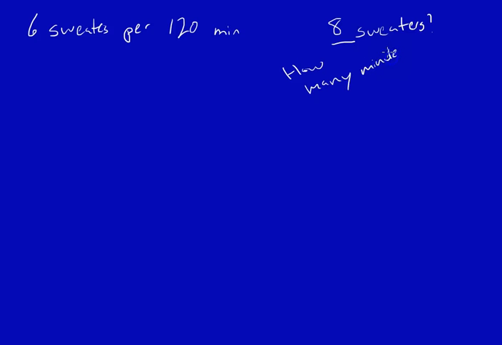And when we do these rate problems, you want to identify what term you want to solve for. In this case, you have 2 terms. You have sweaters and you have minutes. Well, the question sets us up so that the answer will have 8 sweaters. But we want to know how many minutes.